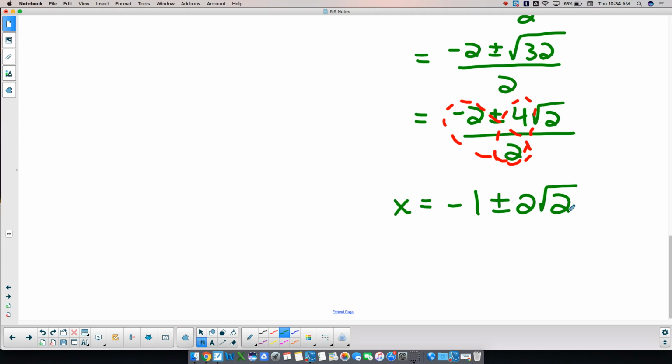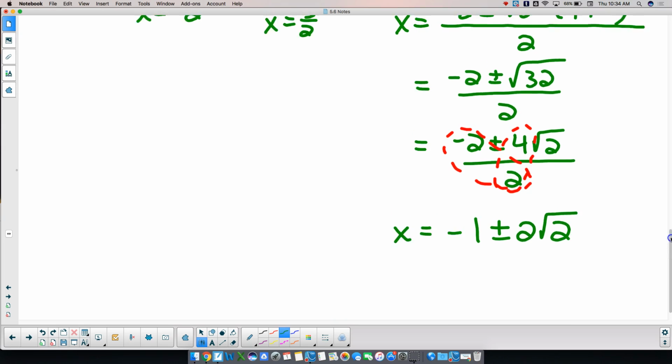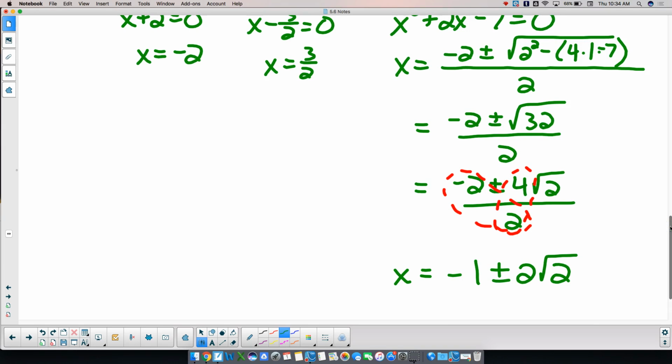So my 4 zeros of my function are negative 2, 3 halves, and negative 1 plus or minus 2 times the square root of 2.